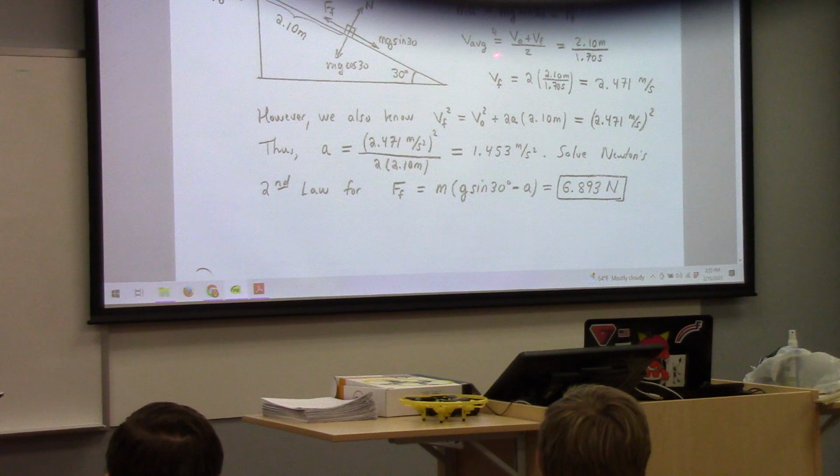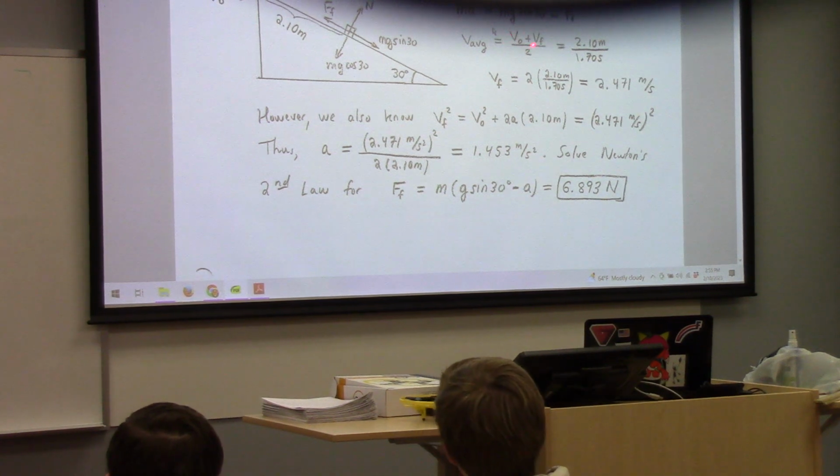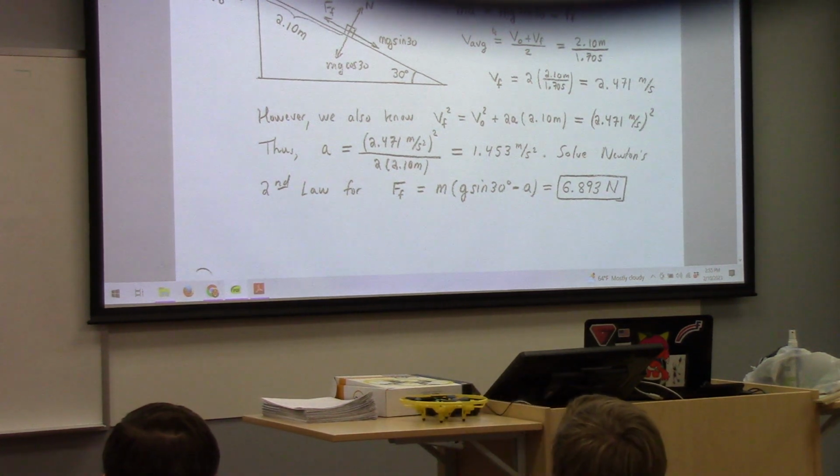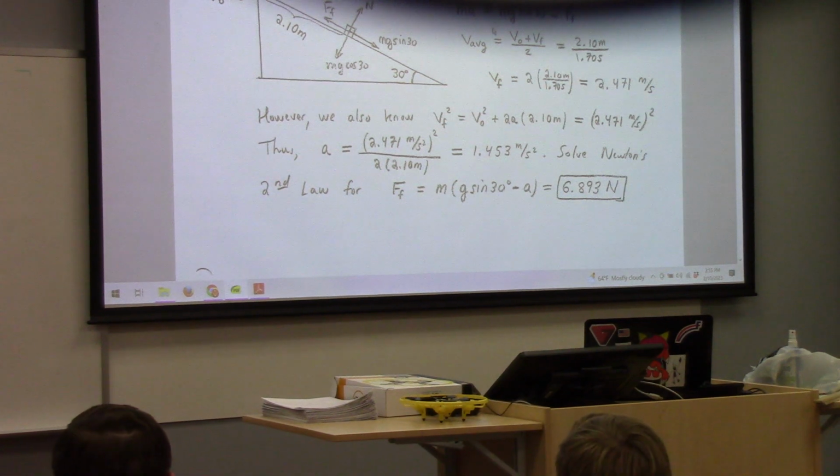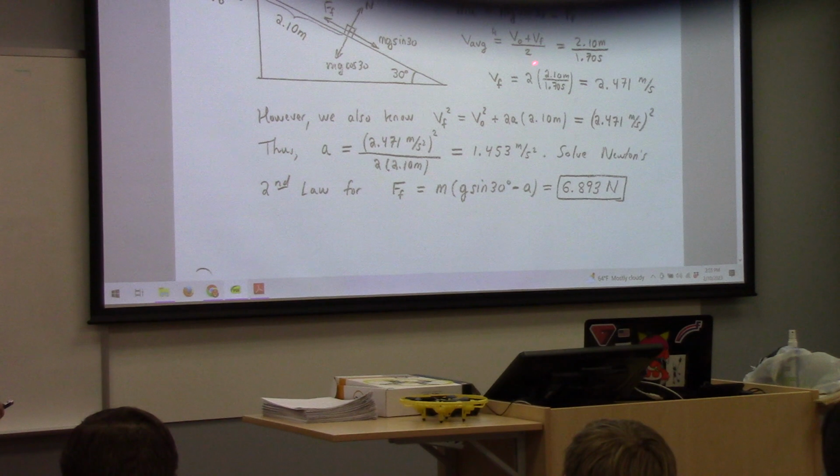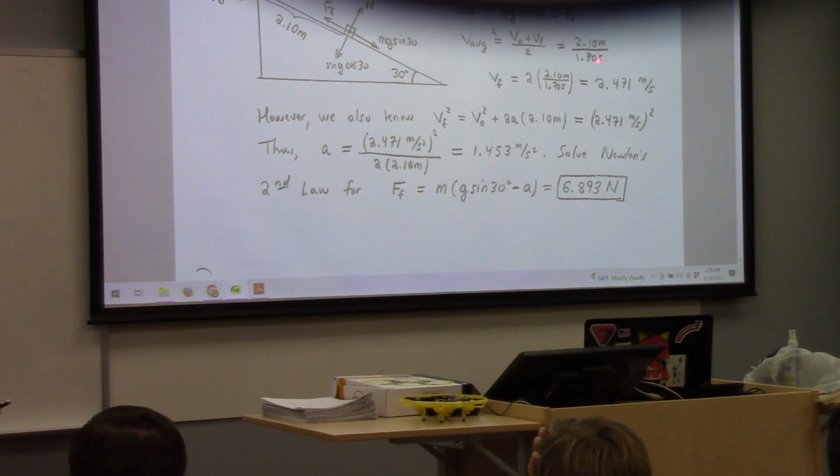So average, like 2 numbers, what's the average of 13 and 20? 13 plus 20 divided by 2, right? That's the average. So the average of the initial and final velocities, that's that. But on the other hand, distance traveled divided by total time, that's the average velocity, right? So the fact that these two things are equal means that VF has to be twice the average velocity in this case because it started from 0.